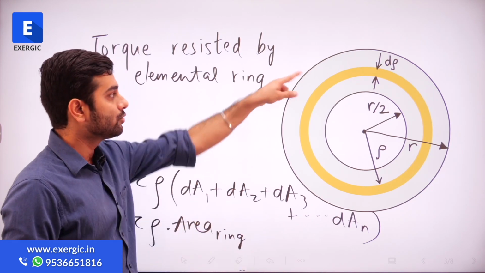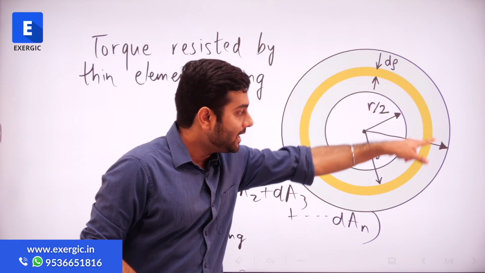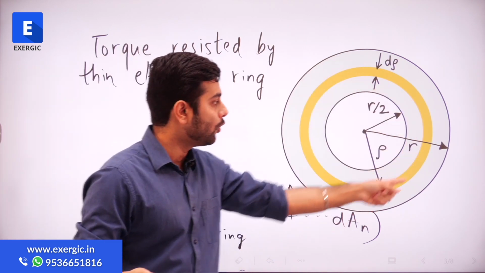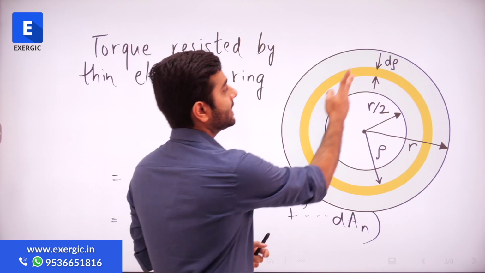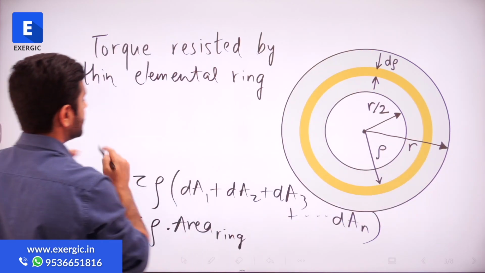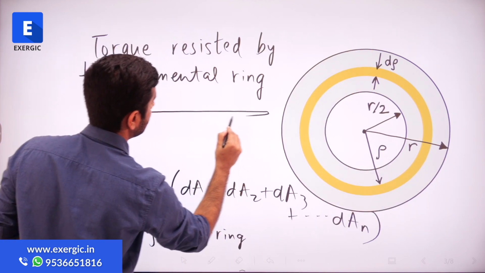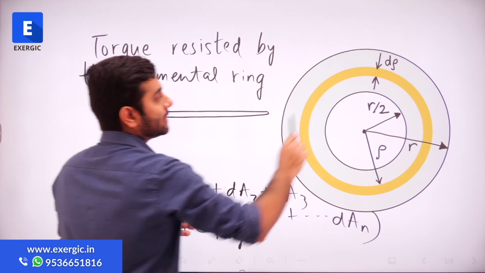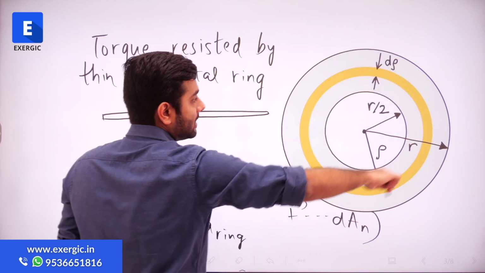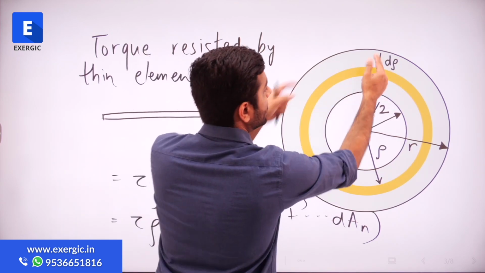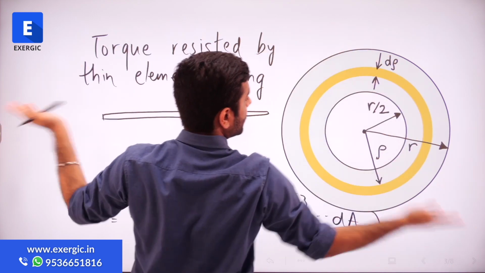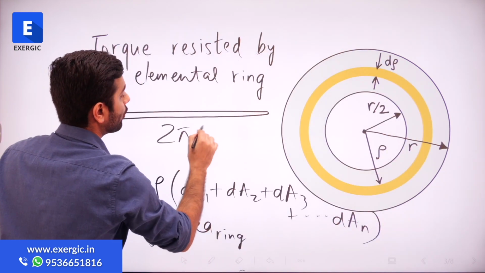So I can find this length by opening it up, right? If I cut this yellow ring and open it, what shape will I get? I will get the shape of a rectangle. The length of this rectangle is equal to the circumference, which is 2 pi rho.